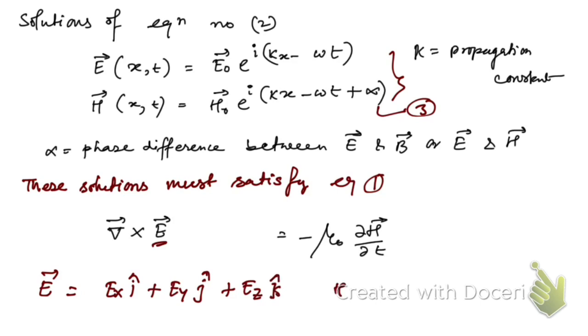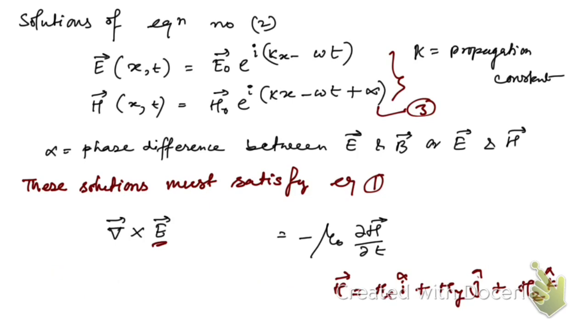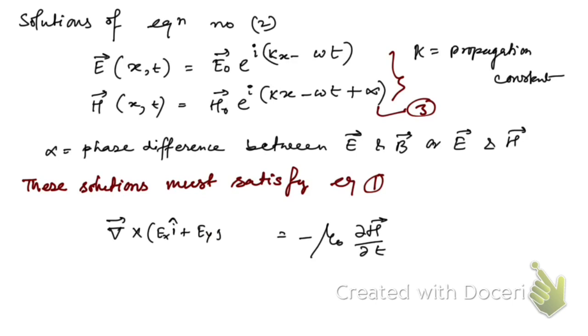Similarly, this H vector must have an x component, y component, and z component, Hz k cap. If we write in this form, then this equation can be written in this way. Just let me clean this. Then, instead of E, we're going to write Ex i cap plus Ey j cap plus Ez k cap.